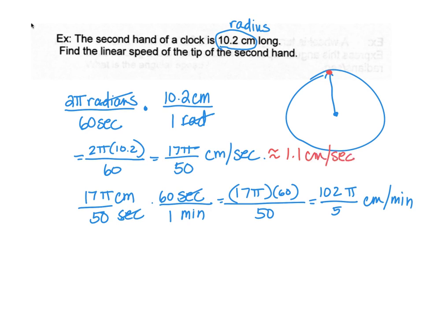And for centimeters per minute, 102 pi divided by 5 is approximately 64.1 centimeters per minute. Again, all of these are big conversion problems.